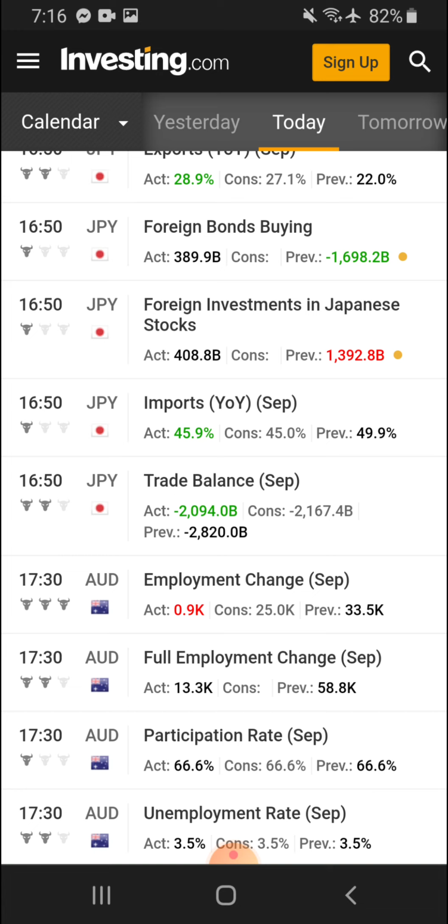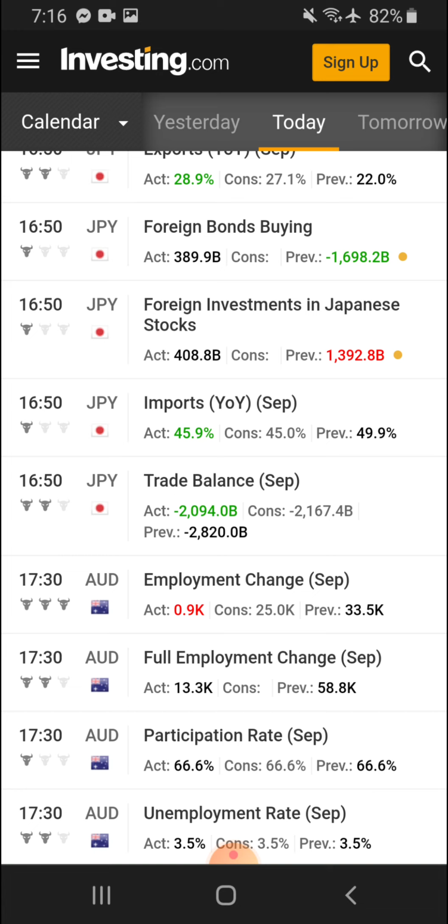Actual 0.9k. Expected, sorry, I know what expected means, but I don't know what the CONS stands for. Is it consensus? The middle one's expected, so that just means the expectation or the forecast. And the third column's previous.